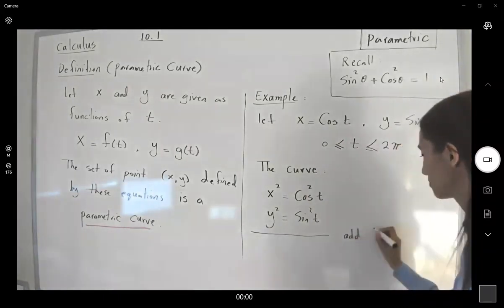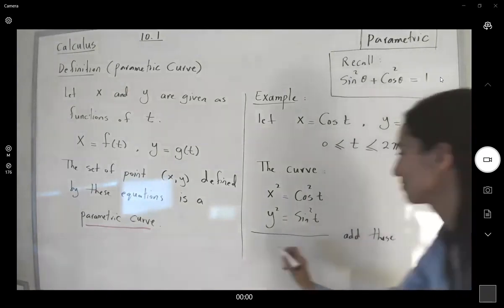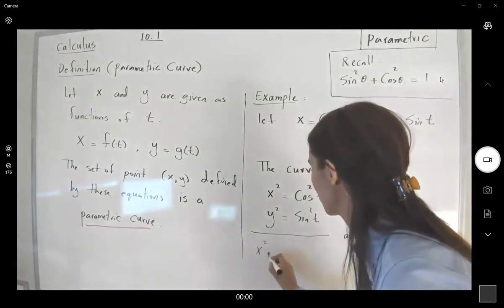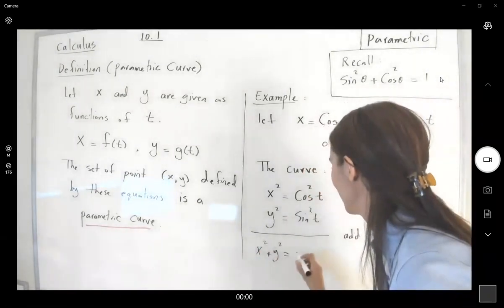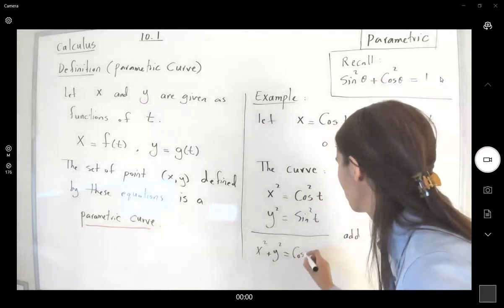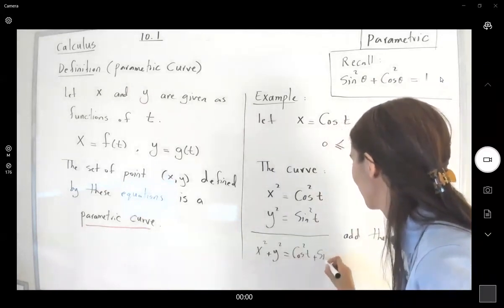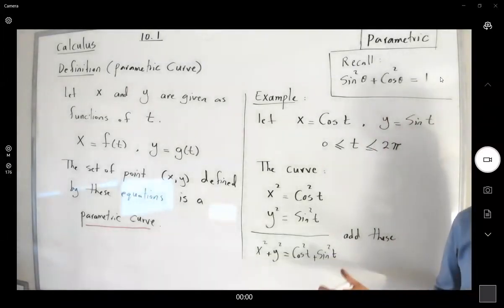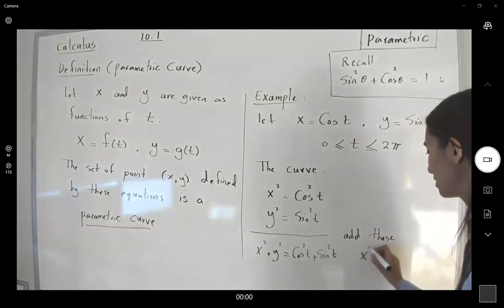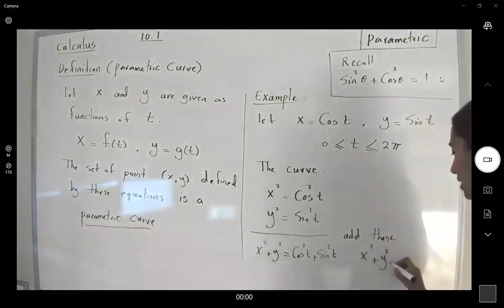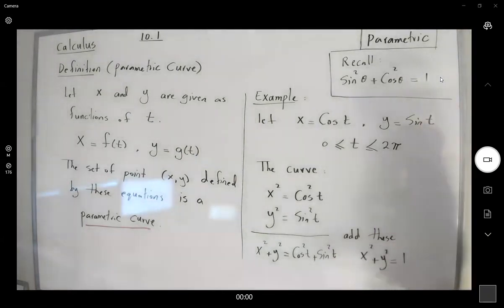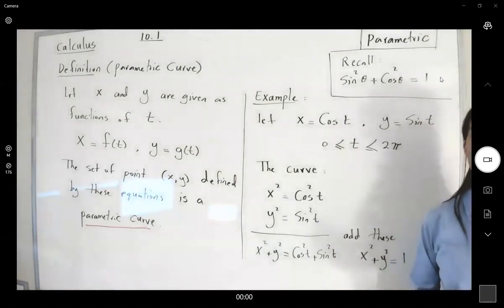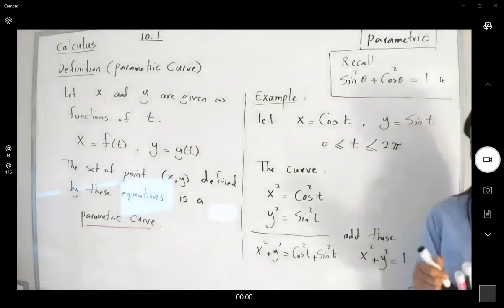So x squared plus y squared is cosine squared plus sine squared, which we already know is equal to 1. So what do we have? We have x squared plus y squared equals 1. You already know that this represents the unit circle.